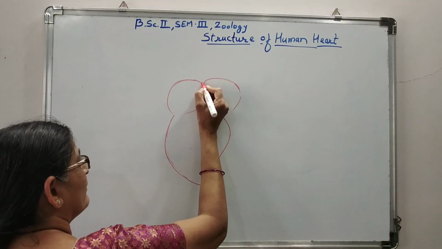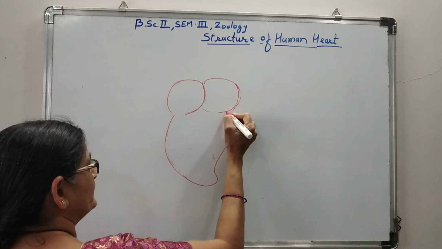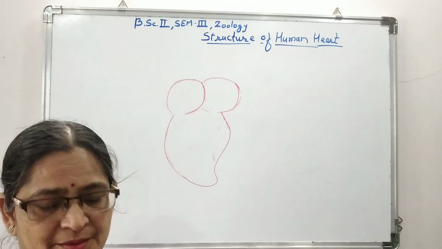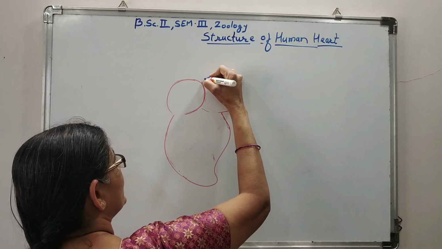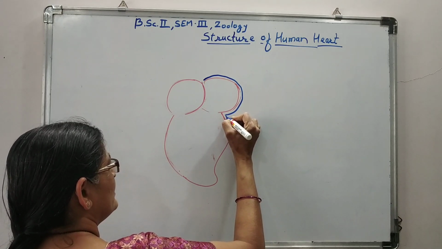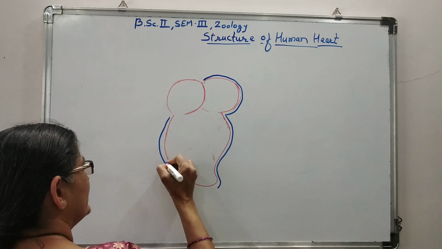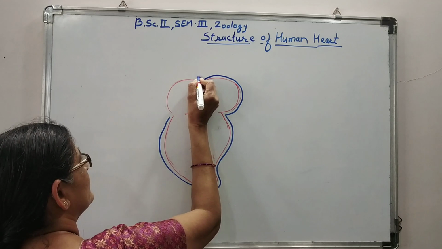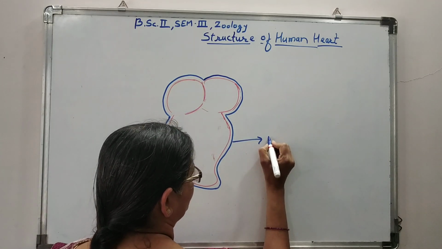Then see, this heart is enclosed in an envelope, and that envelope is known as the pericardium. We can draw this pericardium here. This is the envelope of the heart, or the covering of the heart, in which the heart is situated. This is the pericardium.